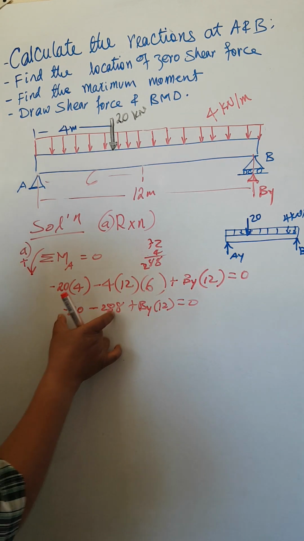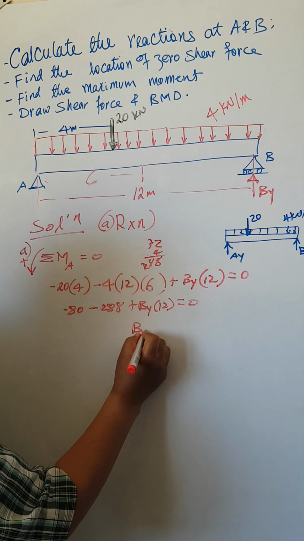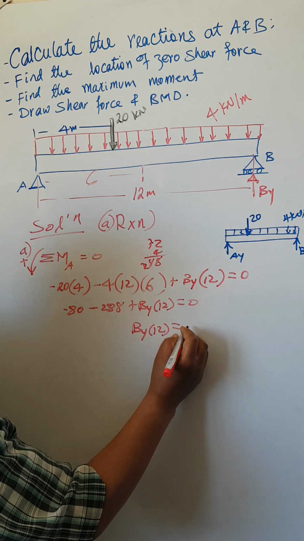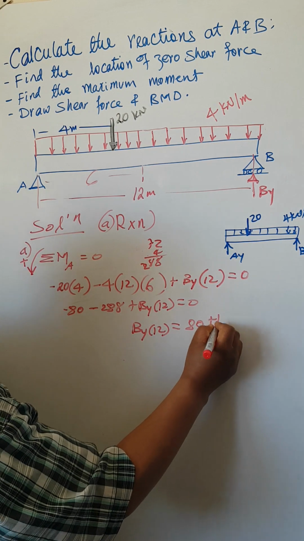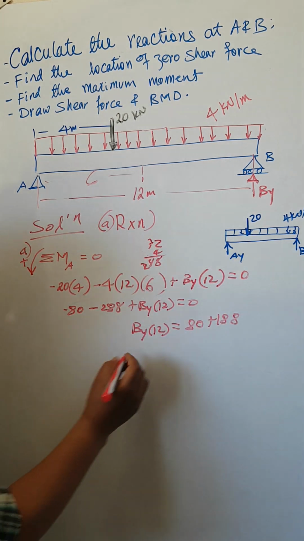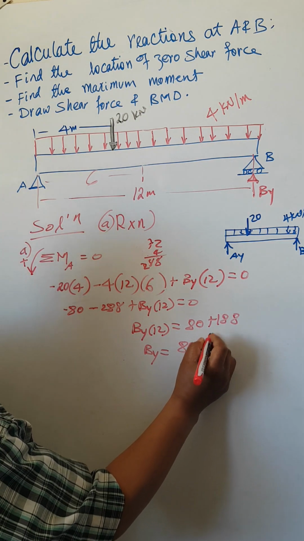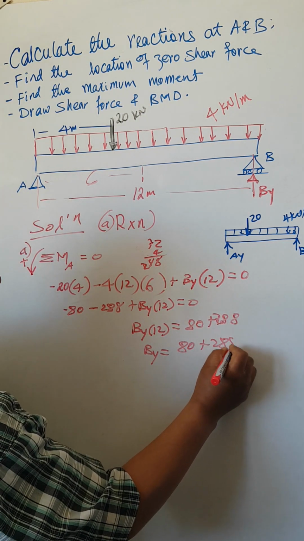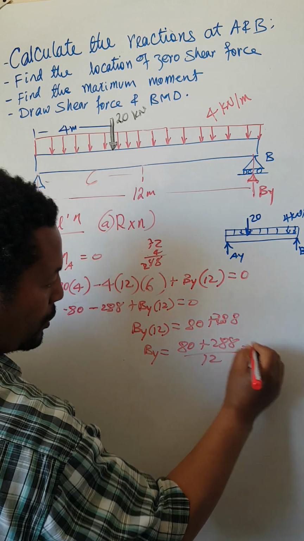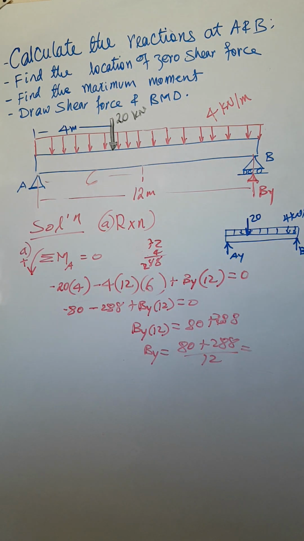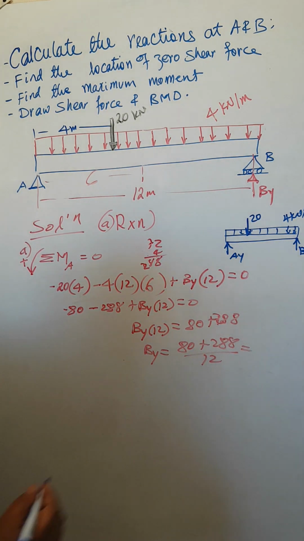We move the negatives to the other side. By times 12 is equal to 80 plus 288. Now By is equal to 80 plus 288 divided by 12.